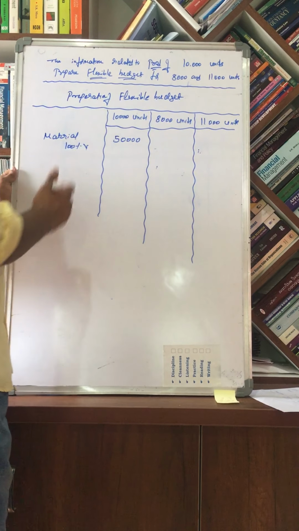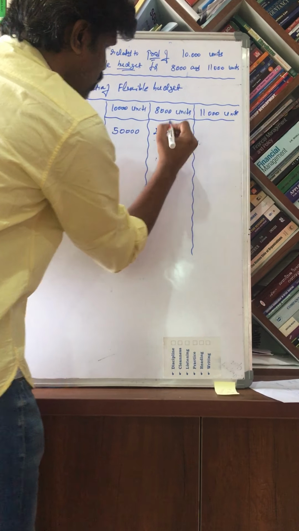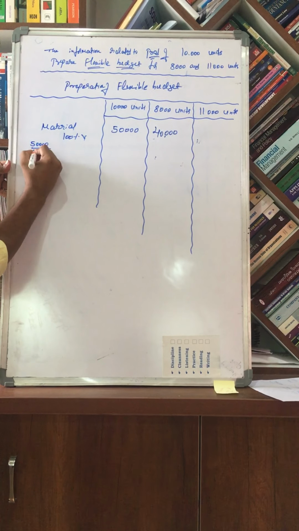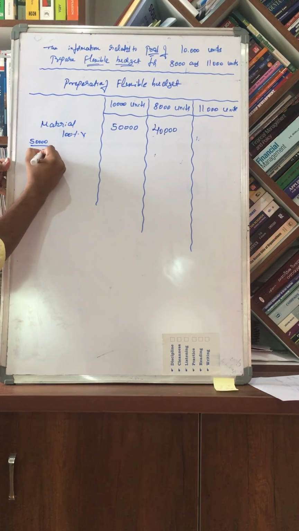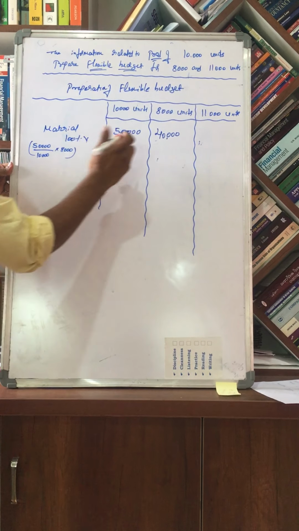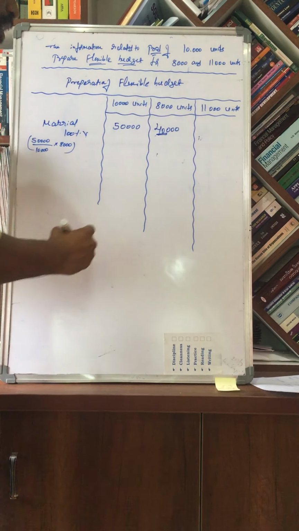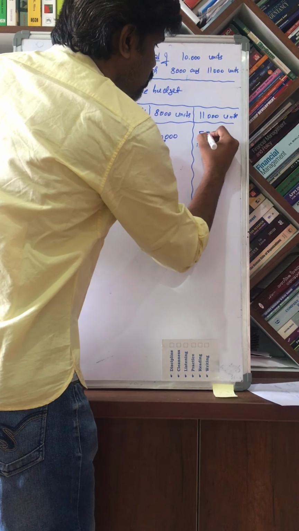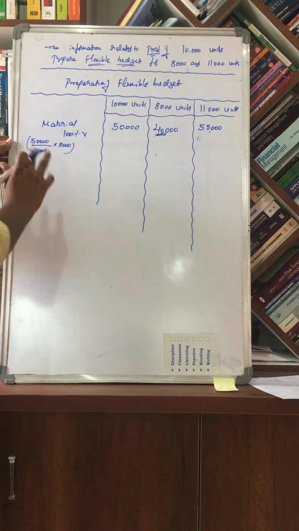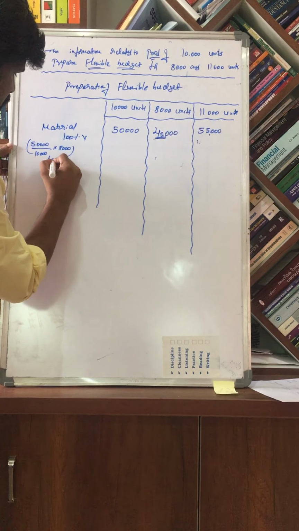What about 8,000 units? It comes to 40,000. We calculate this as 50,000 divided by 10,000 into 8,000, which is 40,000. In the same way, for 11,000 units, it comes to 55,000 rupees.